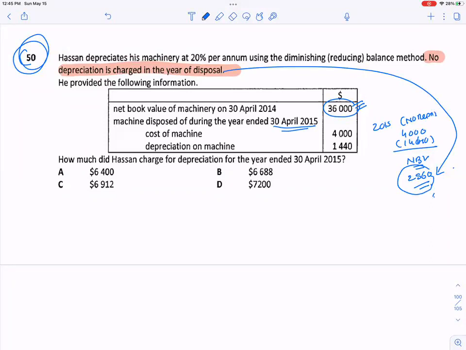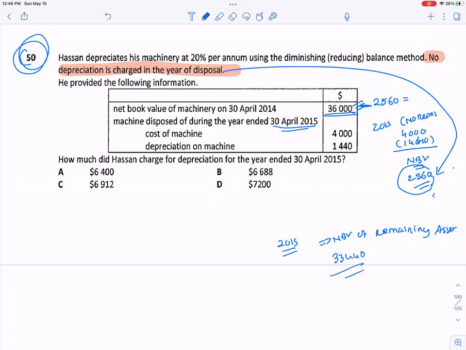This is the net book value of all your machinery in 2014. From this, if I subtract net book value of machine disposed of in 2015, I will get net book value of remaining assets. So 36,000 minus 2,560 will be 33,440.